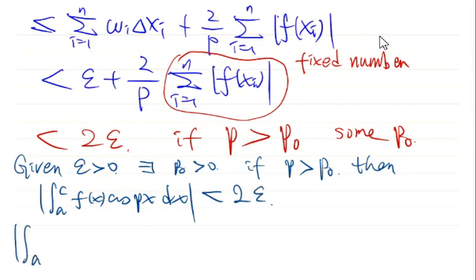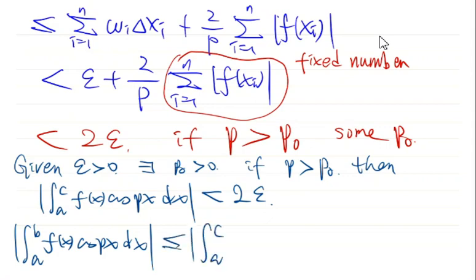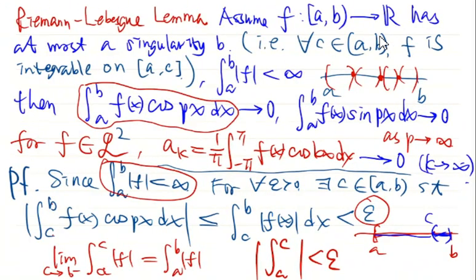Therefore, the integral from a to b of f(x) cosine px dx will not be greater than the integral from a to c plus the integral from c to b. The integral from c to b is less than epsilon by our choice of c. We take c so that, given epsilon positive, the absolute value of the integral over c to b is less than epsilon.